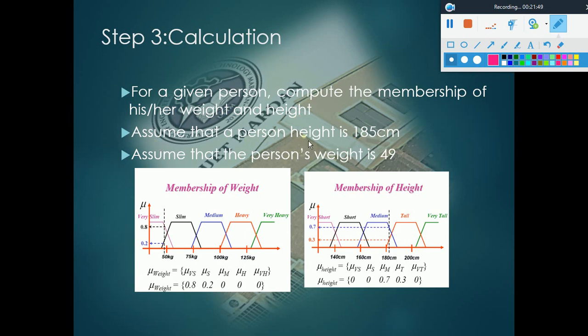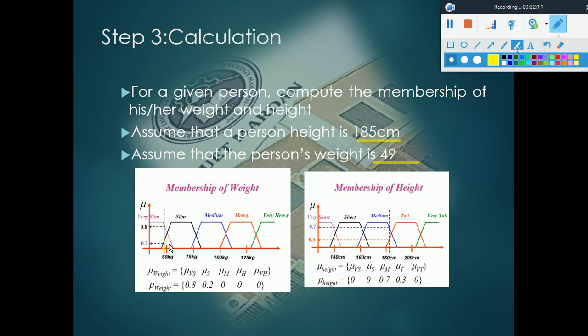Assume that the person's height is 180 centimeters, and assume that the person's weight is 49 kg.